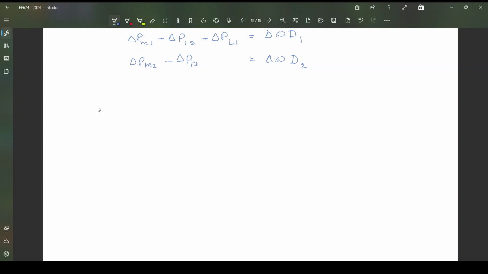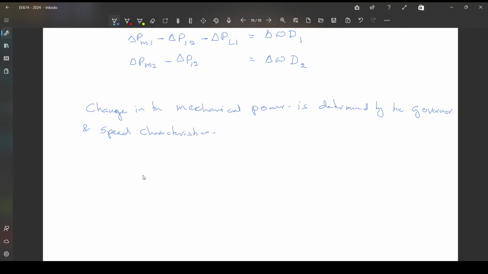So we can determine the change in the mechanical power. The change in the mechanical power is actually determined by the governor and the speed characteristic, right? Which can be written as delta Pm1 is equal to minus delta omega over R1, right?